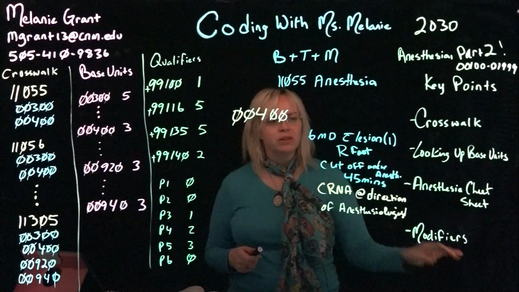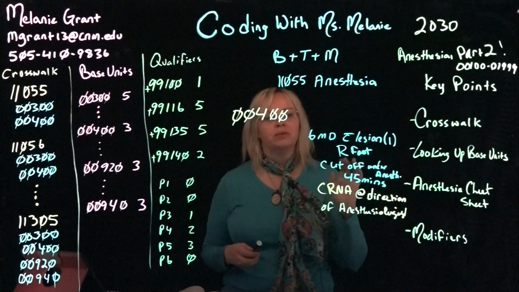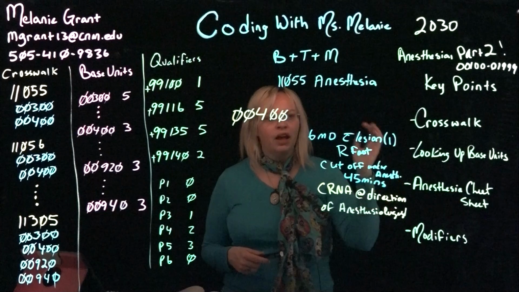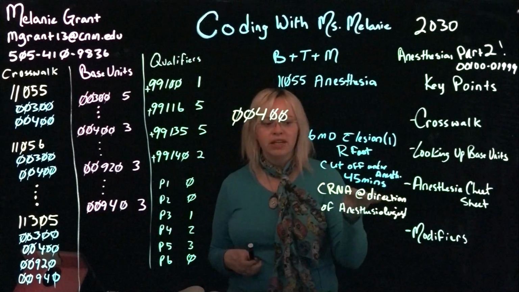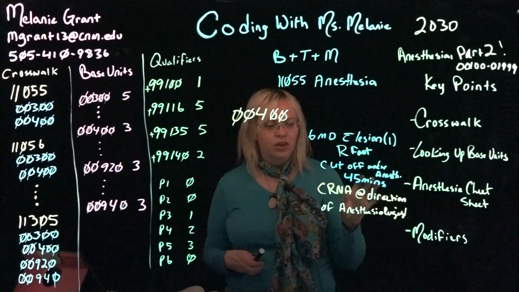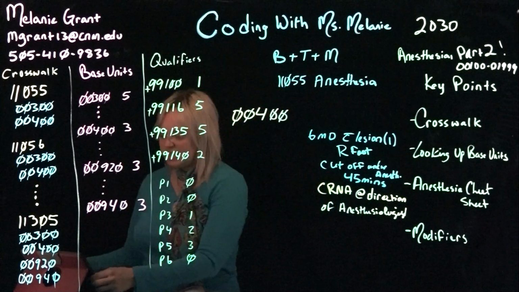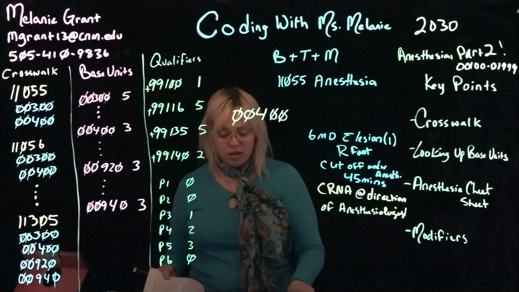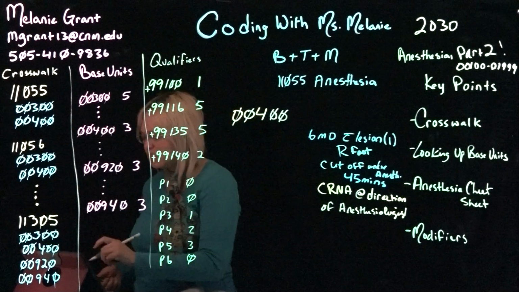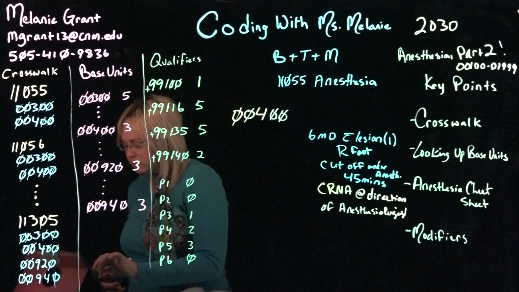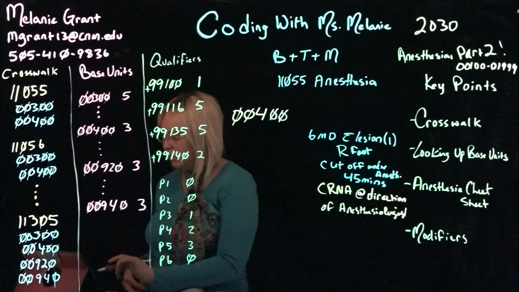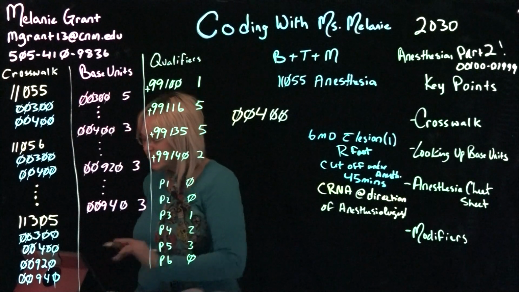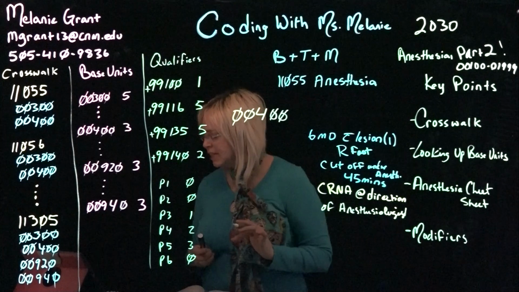So I have a 6-month-old with a lesion of the right foot that was cut off under anesthesia for 45 minutes, administered by the CRNA with direction of the anesthesiologist. And for this part of my coding, I'm going to keep my anesthesia quick reference sheet available, because that's very important for me, because it has all of the modifiers I might need.